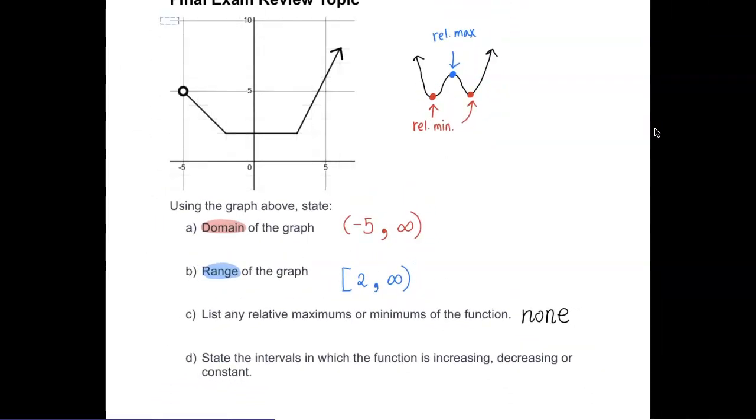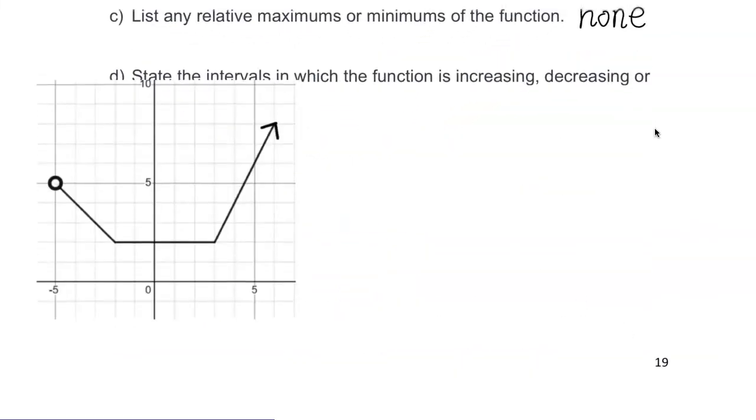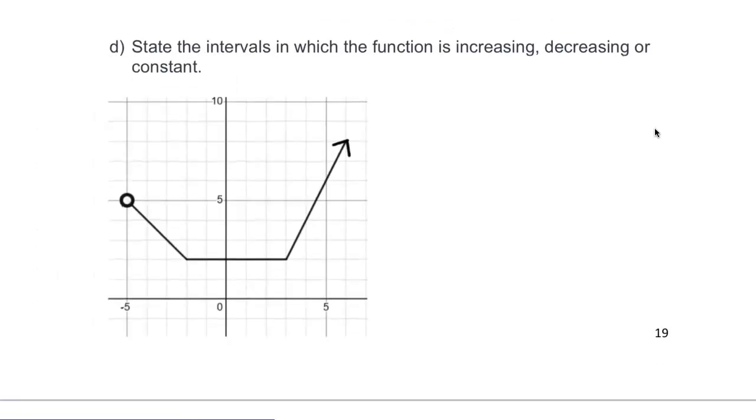Let me copy this down so that I can look at it on the same screen. I see that the graph is going down first. So I'm going to say this interval from -5 to, what's the x value, -2. That's where the graph is going down. So I will say this is decreasing on -5 to -2.